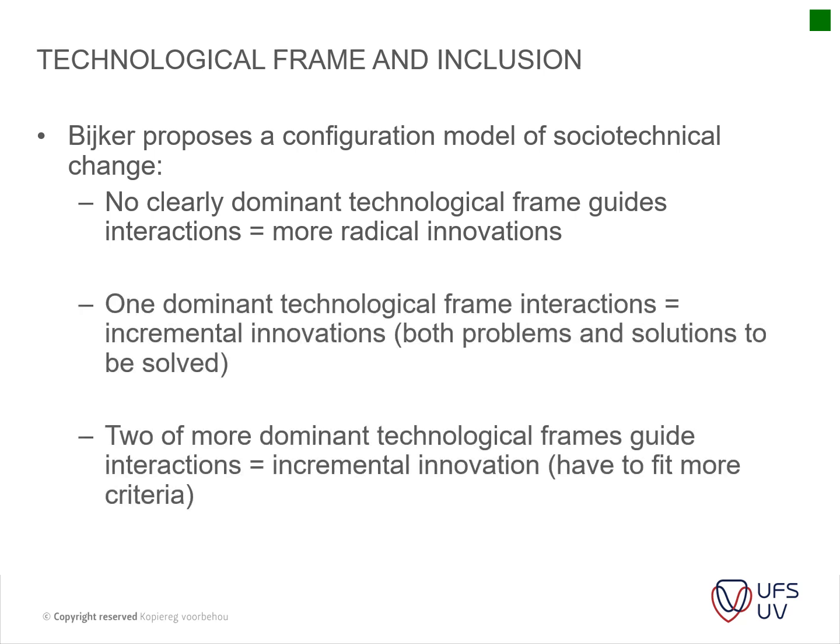If there is no clearly dominant technical framework guiding interaction, more radical innovation may be observed. If there's a dominant technical frame in interaction, incremental innovation, both problems and solutions should be solved. So now there's a little bit more parameters that need to be solved.